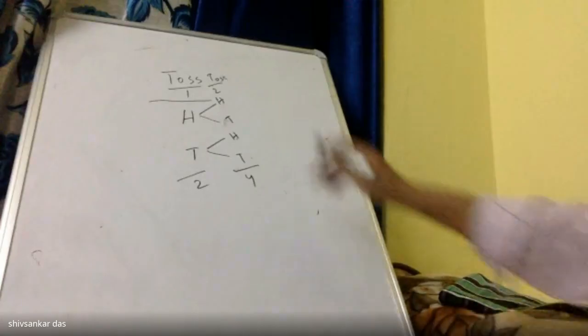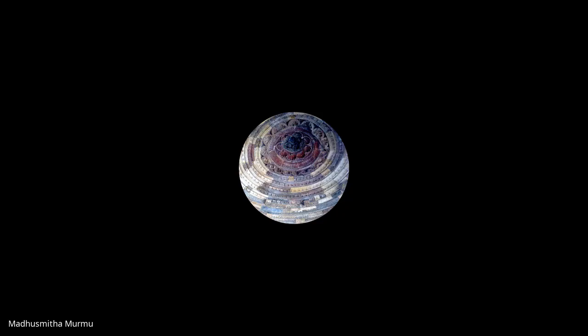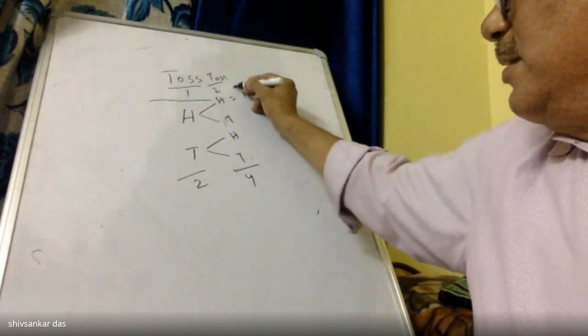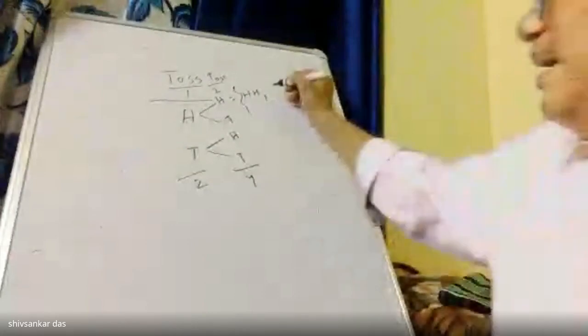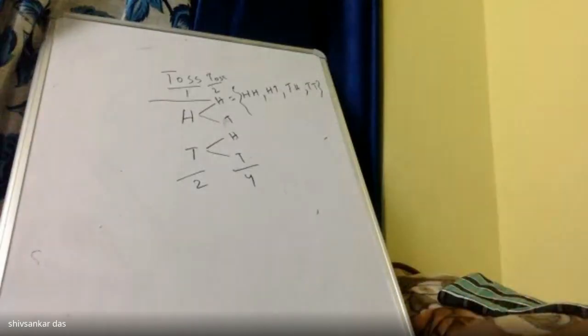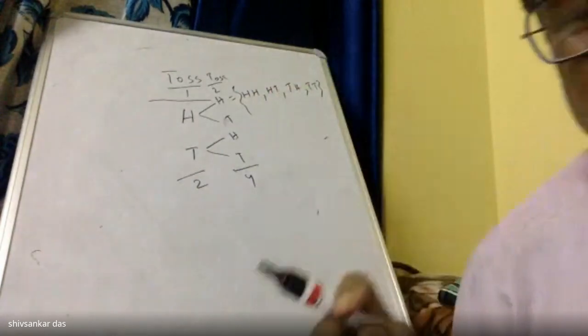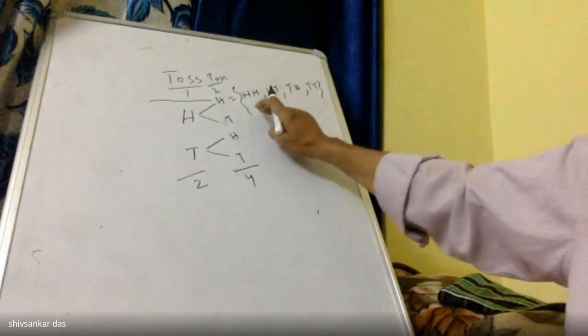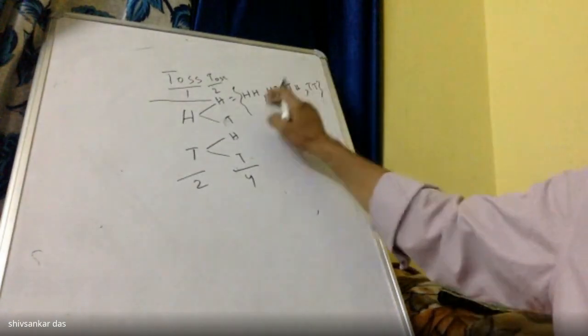Or I can write it in another way. In toss 2, the sample space is head head, head tail, tail head, tail tail. In case of double tossing, there are 4 possible cases, 4 exhaustive cases, 4 results.